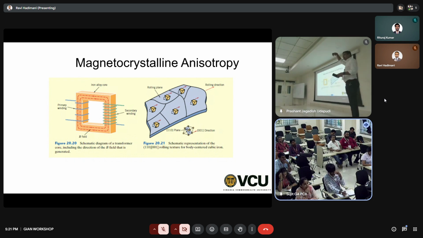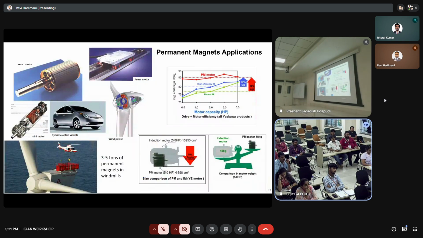When you're cooling it, you apply an external magnetic field, so the easy axis aligns to the field direction. Now all the grains that are formed have their direction oriented to the applied magnetic field, so you control the lattice directions of all the grains in one direction. You did not get a single crystal, but you made all grains orient in one direction. That is called magnetic annealing, a process used to align the grains.